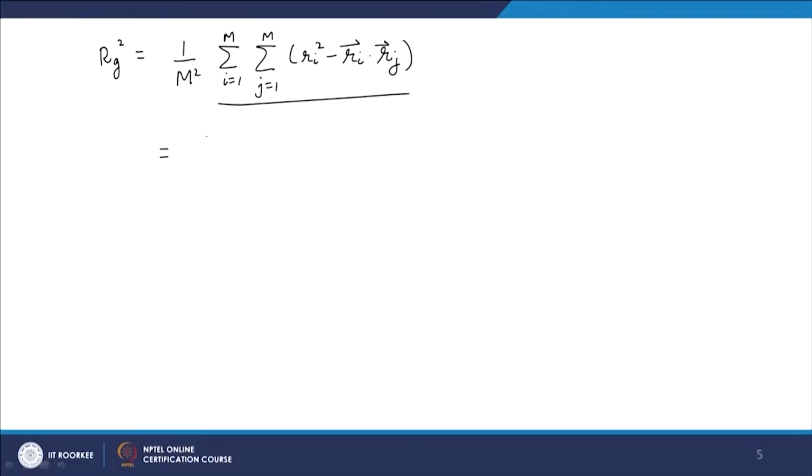What we are doing here is we divide this by 2, and I will write two sums. This is the first one, and the second one will be simply the same thing with i and j interchanged.